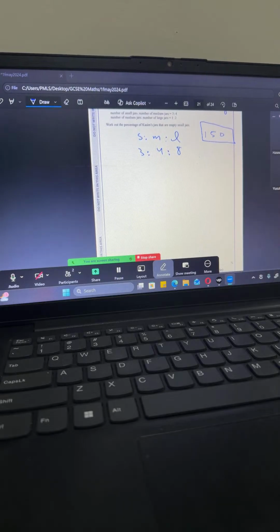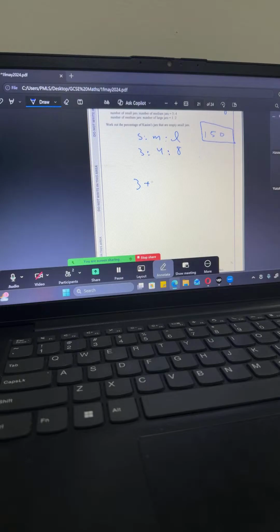I just need how many of them are small. You can write 3 to 4 to 8, and next to the 8 you write equals 150, I think.